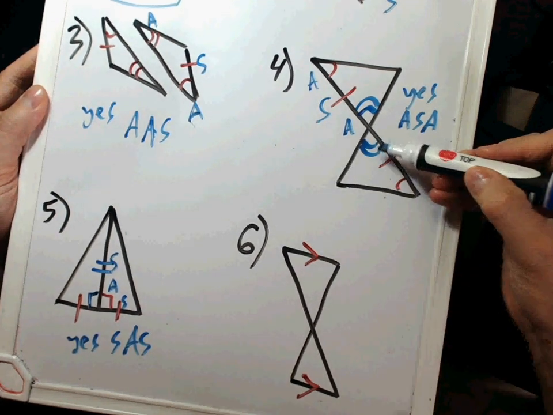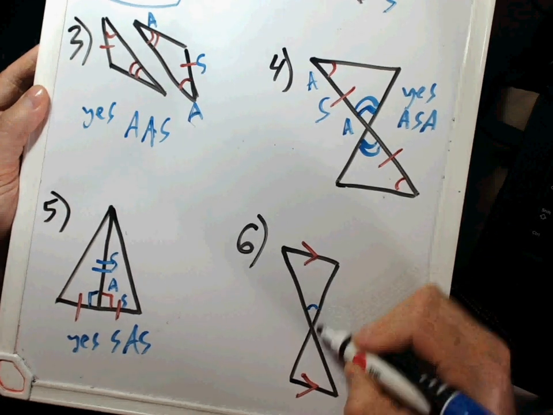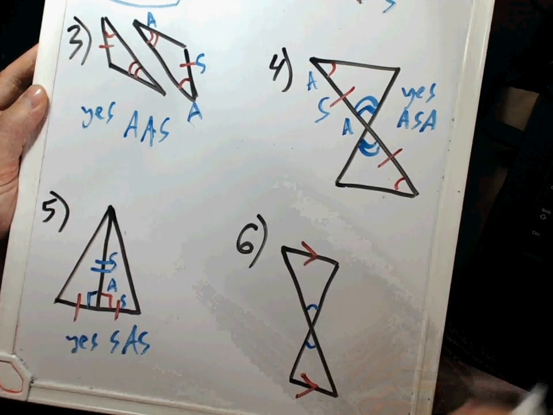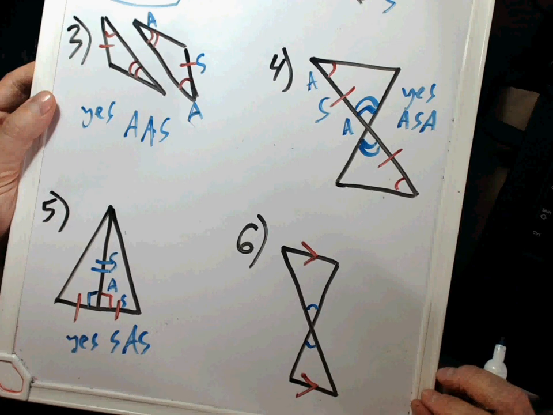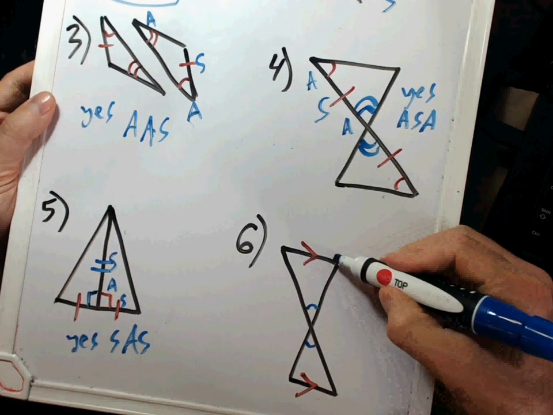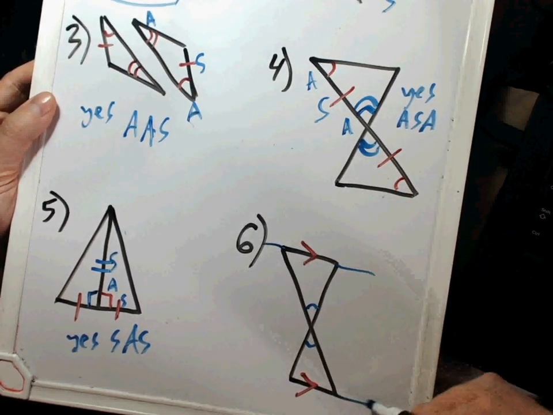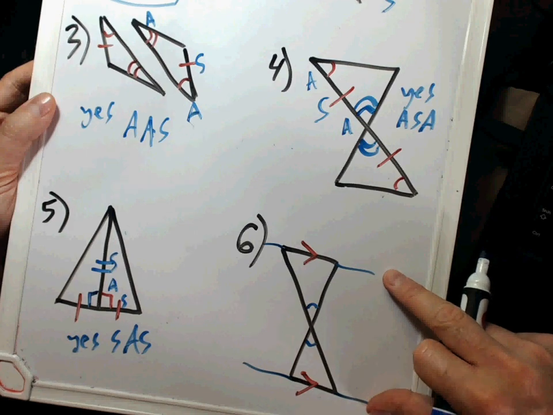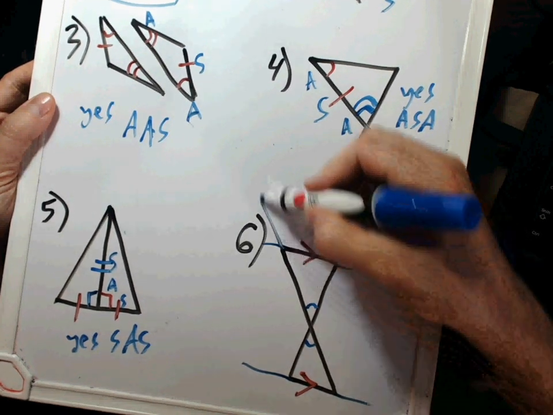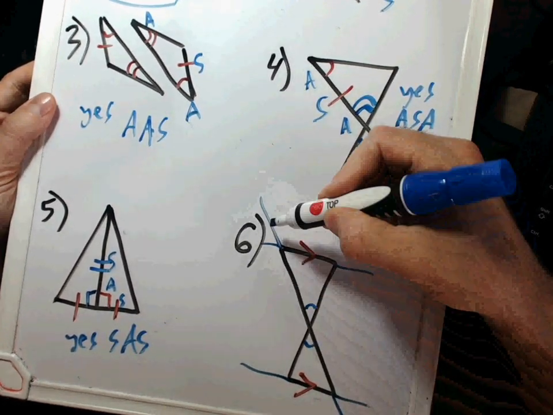Yeah, just like this one up here, we can mark these as vertical angles. See that? Can we mark anything else? Yeah, so we have a parallel line here to this line here, two parallel lines cut by this transversal.